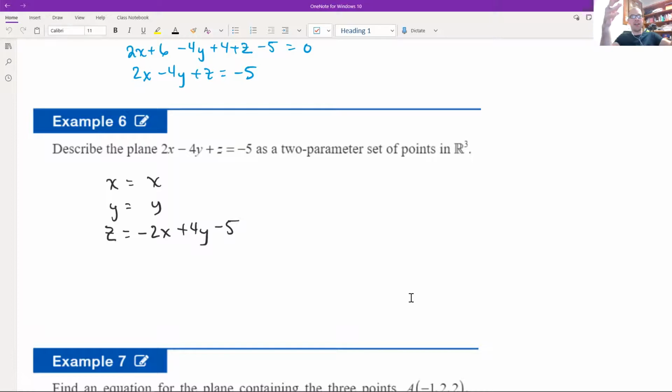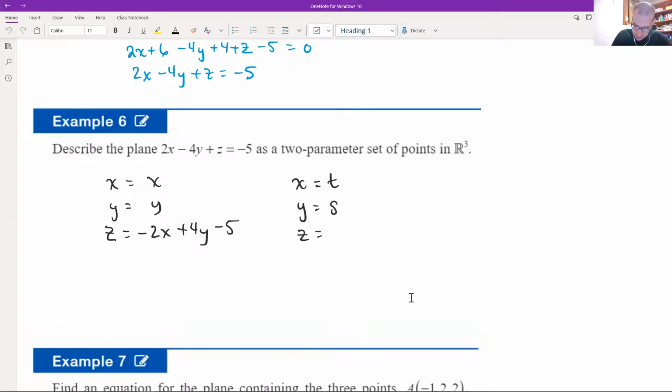So there's a set of 3 equations. One of them solved for z in terms of x and y. But what we're allowed to do now is just substitute a parameter for x and y. And then we've got x equals t, y equals s, for lack of a better letter.